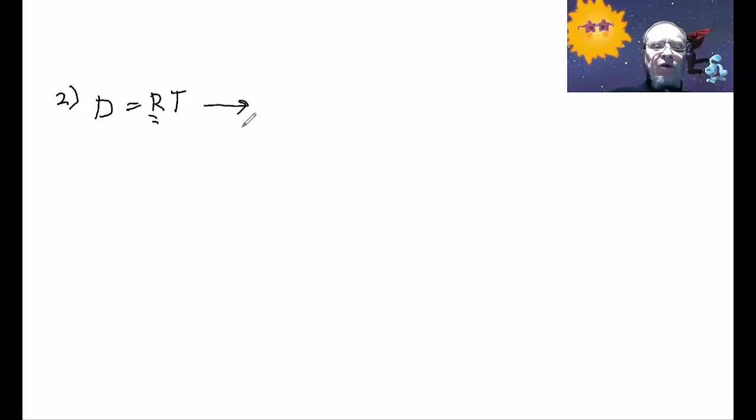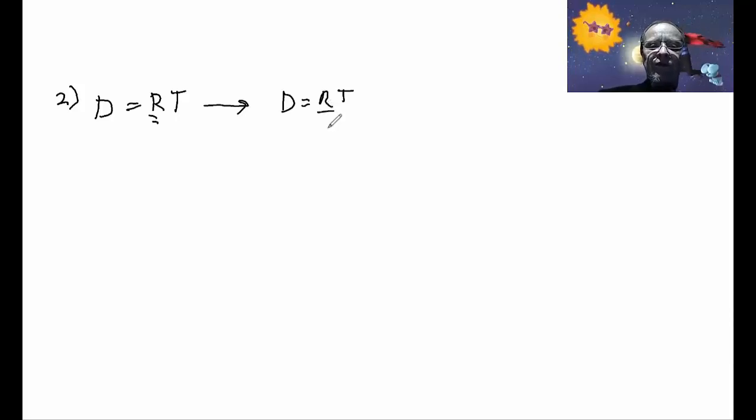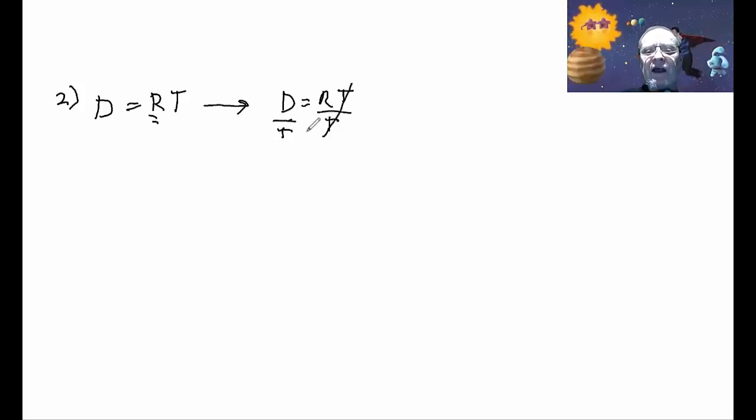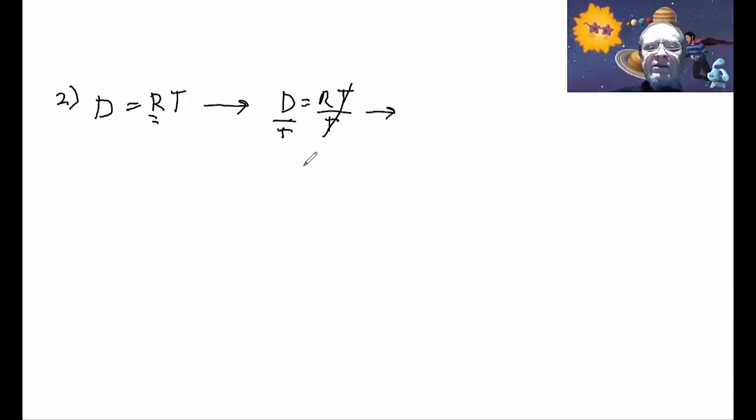So we look at d is equal to r times t, and we divide by t on this side and divide by t on this side so that we can isolate the r, just as we would if t was a number. We cancel out the t in the usual way, and this means that r will be equal to d over t.